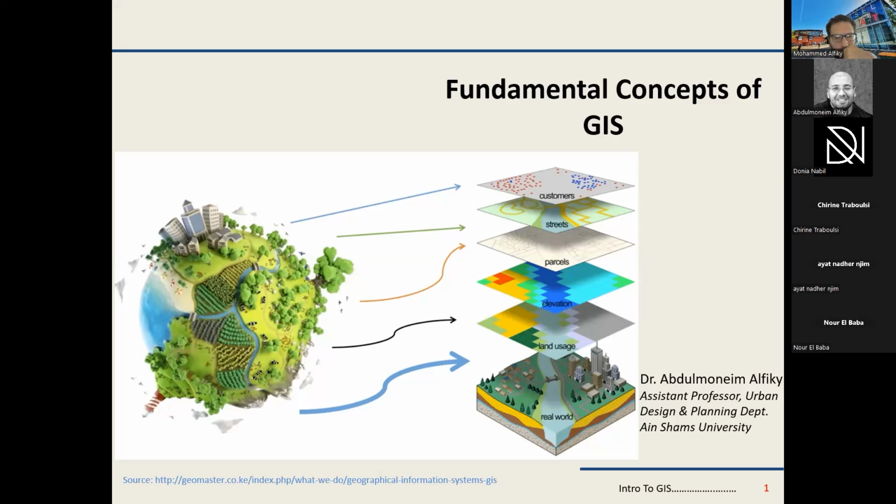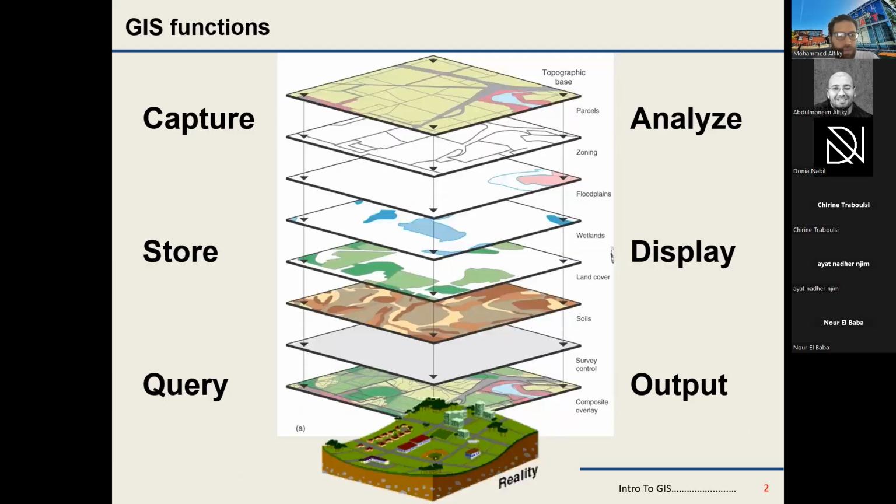Okay, for our second session today, we're going to tackle some points and issues that are considered fundamentals of any GIS system that you will work with. The first thing we will talk about is what happens after capturing data.